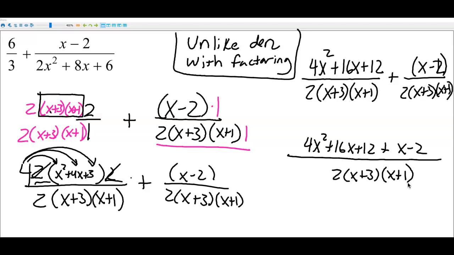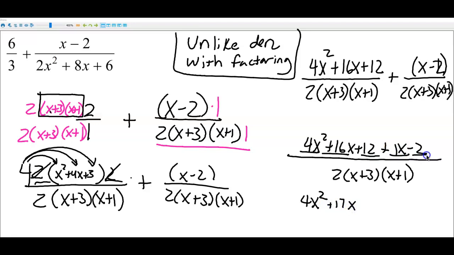So what would the next step be here? Combine the like terms together, right? So I've got a 4x squared, but there's nothing like it, so it's going to stay the same. I've got a 16x. That can be combined with that 1x there to make 17x.